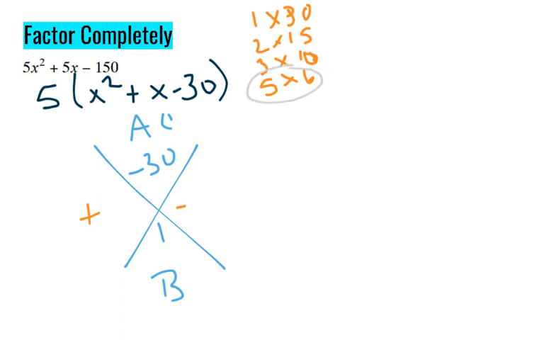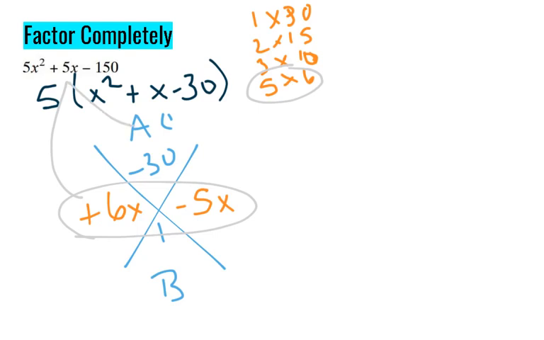I need a positive 1, so my 6 is going to be positive and my 5 is going to be the negative. And we add our x's on here, because this is our middle term. 6x minus 5x gives us that 1x.